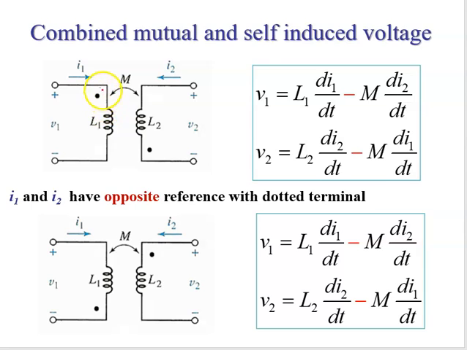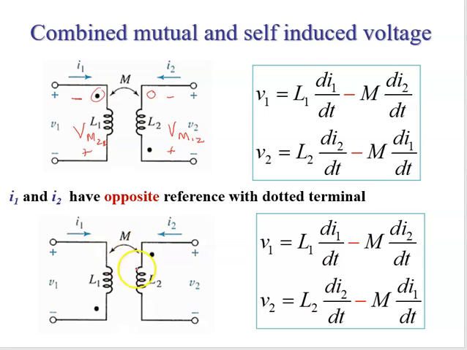So because I1 is flowing into the dot, this is my plus or minus VM12. And since I2 is flowing into the non-dotted terminal, here I have a plus or minus VM21. So that helps keep track of whether you're adding or subtracting.